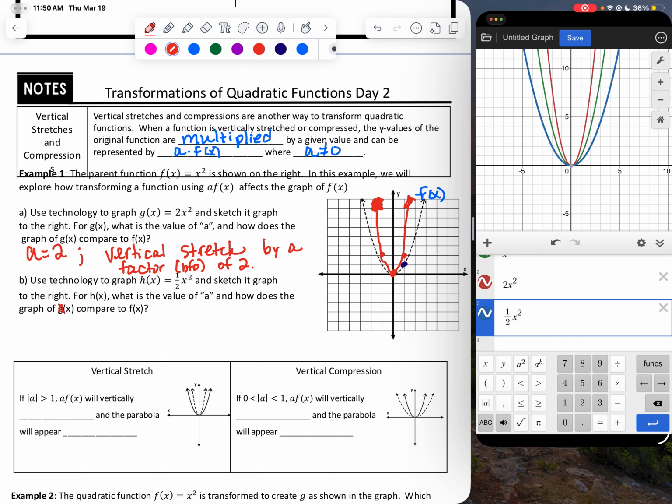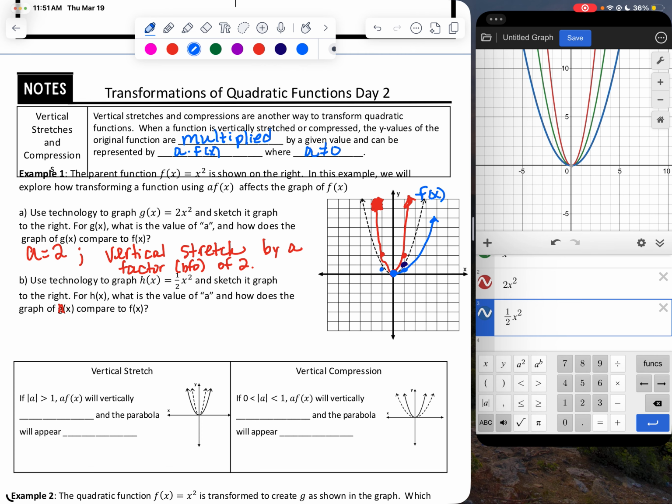Let me change to a blue pen here. Now our y values will be compressed by a factor of 1/2. So instead of having a point at 1, 1, we're going to have a point at 1, 1/2. The y values are compressed by a factor of 1/2.